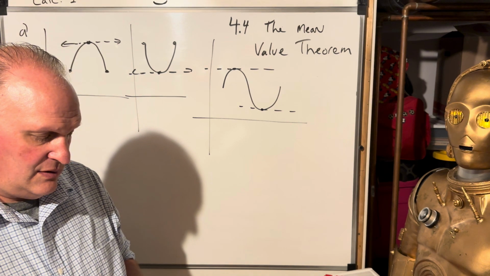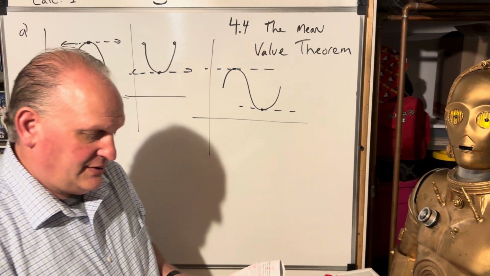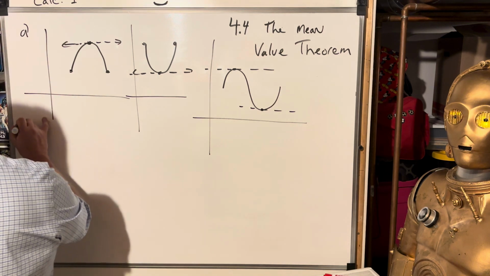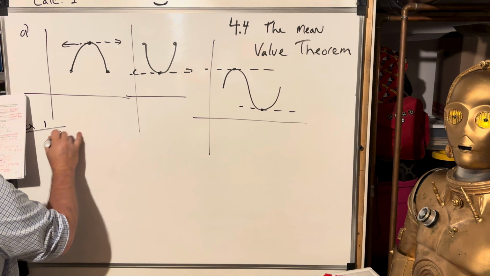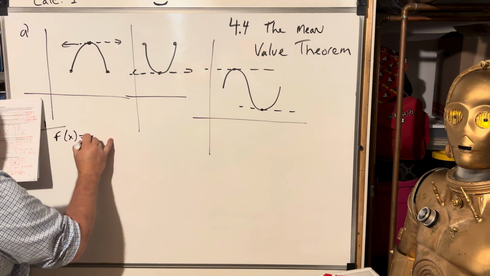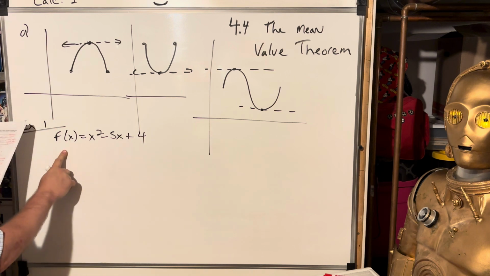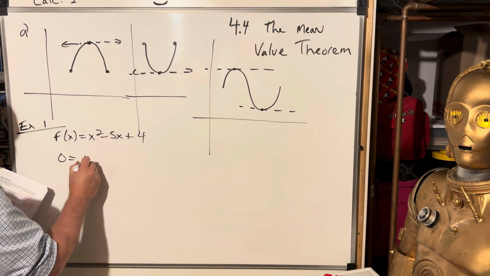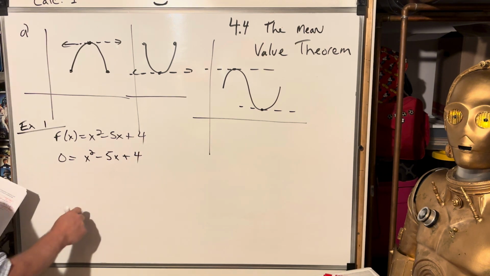So let's do it. We've got f(x) = x² - 5x + 4. We're going to set this equal to 0. We want to find the solutions, or where it crosses the x-axis.